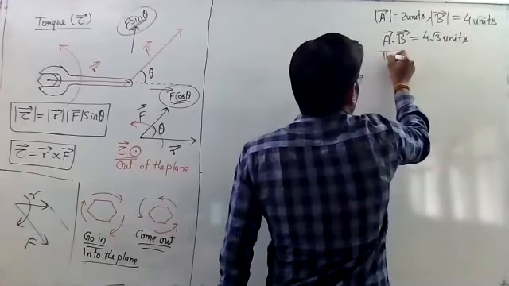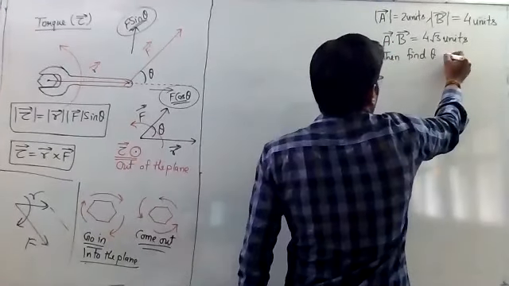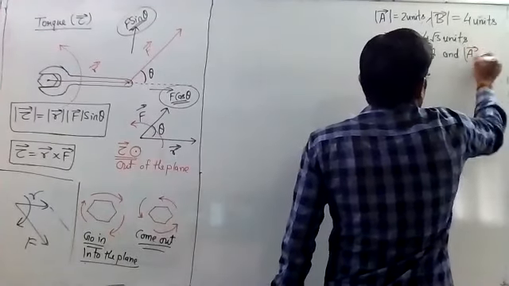Then find theta and the magnitude of A cross B.